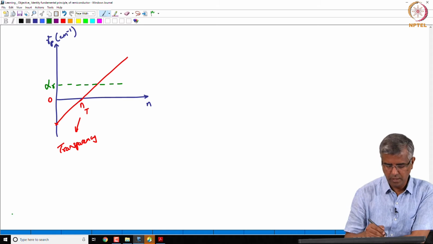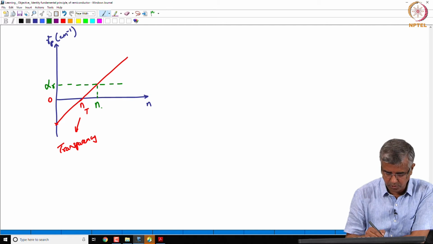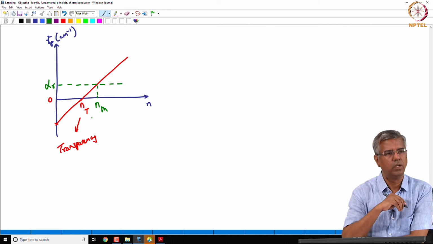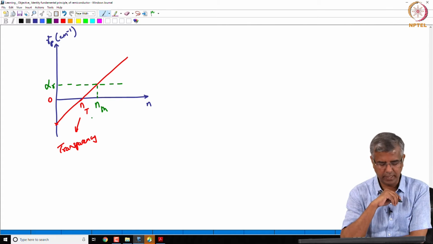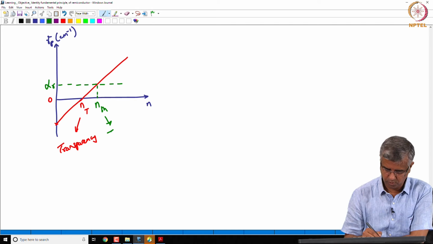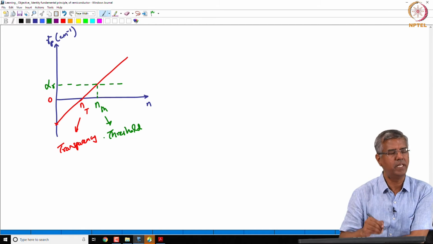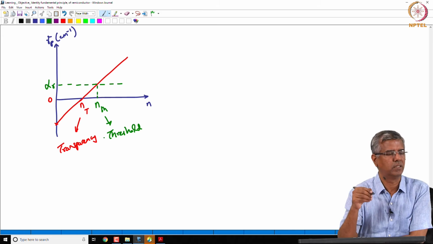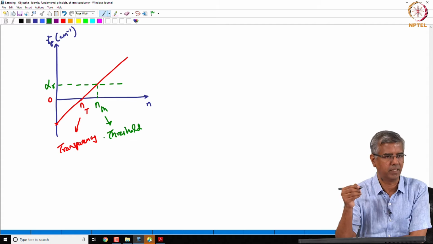And that means until you get to a value NTH, which corresponds to a threshold, only beyond that are you starting to have lasing happening.